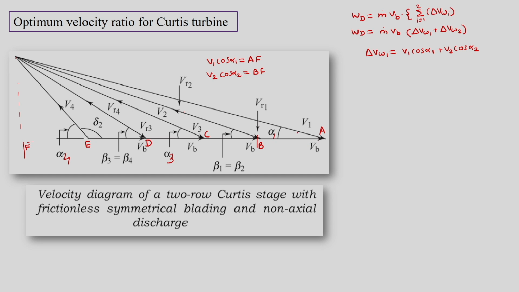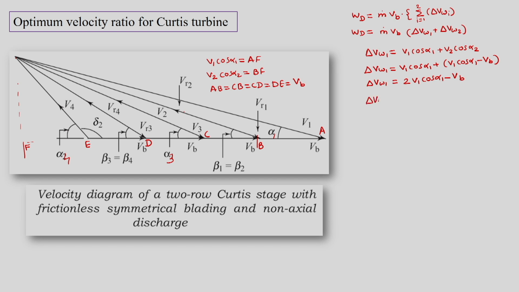The distance AB is equal to BC is equal to CD is equal to DE is equal to VB. So, delta VW1 is equal to V1 cos alpha 1 plus V1 cos alpha 1 minus VB. So, delta VW1 is equal to twice V1 cos alpha 1 minus VB.